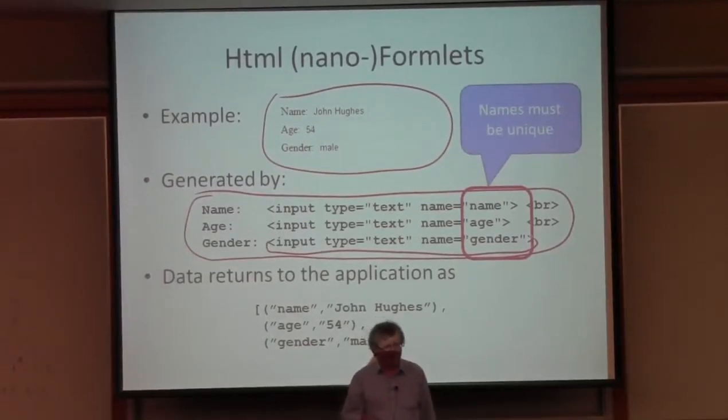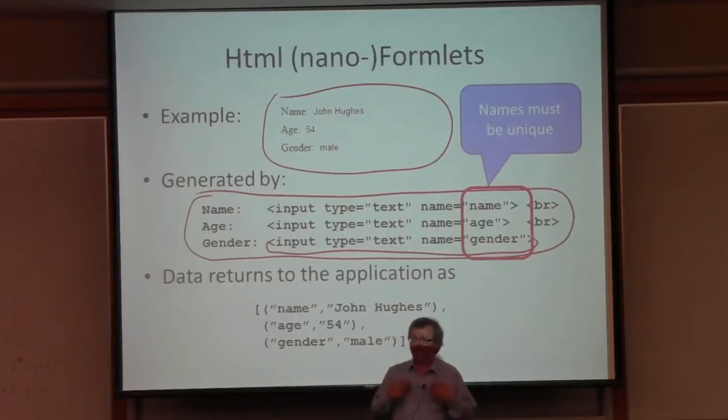So if you start trying to build larger forms and composing a form out of parts, let's call them formlets, then you have to make sure that even though you're composing your form from formlets that may come from different modules, they all use different names. Ugh, what a pain. Of course, you would like to generate those names rather than to have to see to it yourself that every formlet uses a different name for its fields.